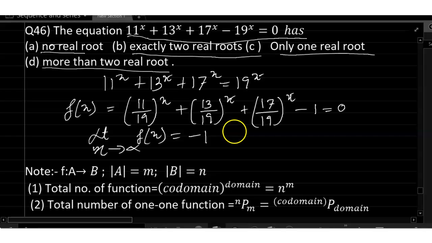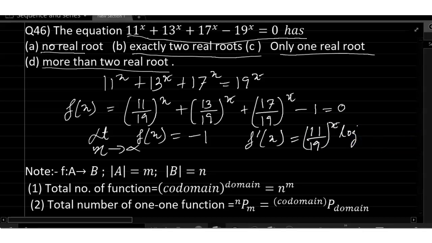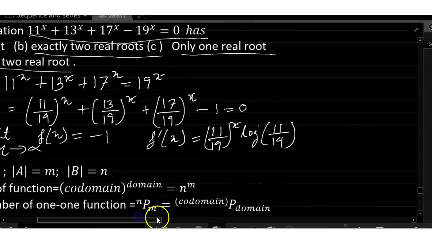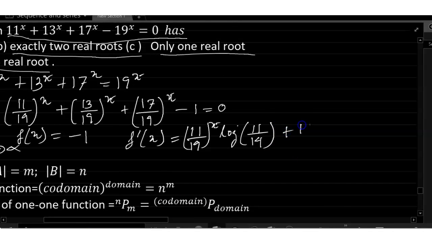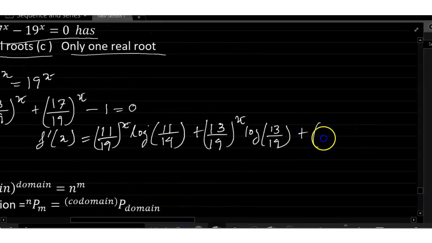And f'(x) equals (11/19)^x log(11/19) plus (13/19)^x log(13/19) plus (17/19)^x log(17/19).